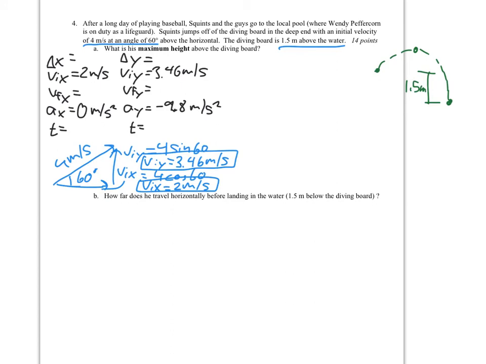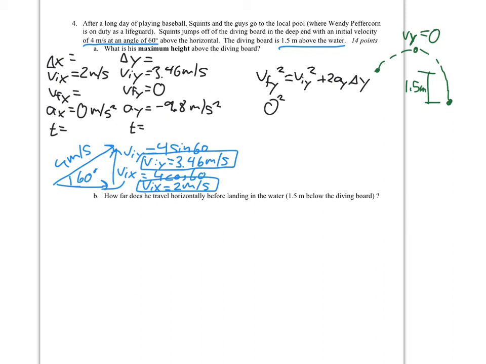If we're thinking about that maximum height, that's occurring at this point here. So that is going to be a y velocity of 0. Maximum height is going to be a y velocity of 0. And so what I can do from there is use that in my y equation to solve for my delta y. This time I'm going to use VFY squared equals VIY squared plus 2AY delta y.